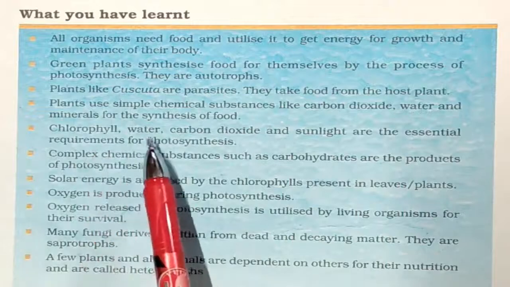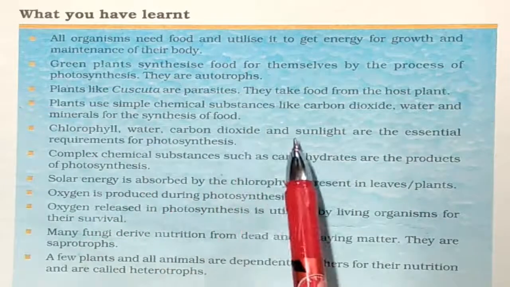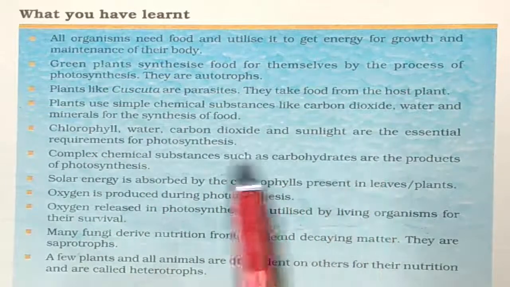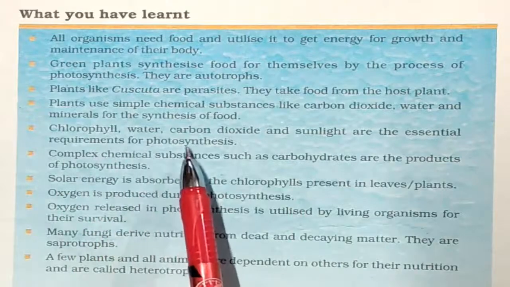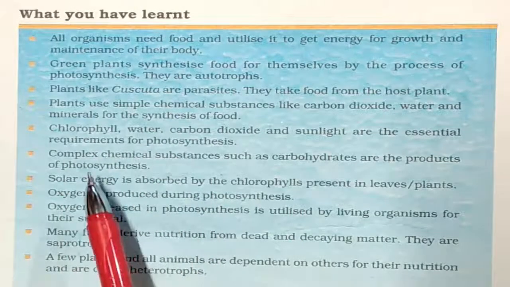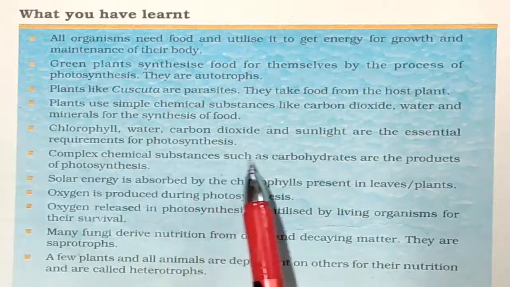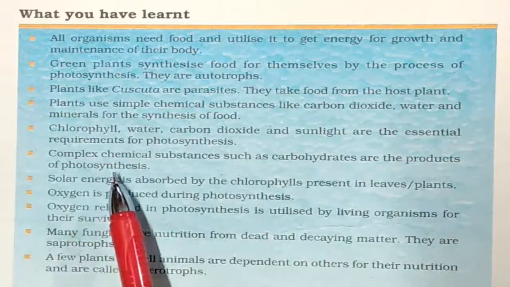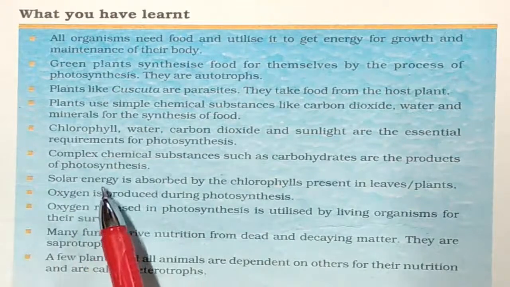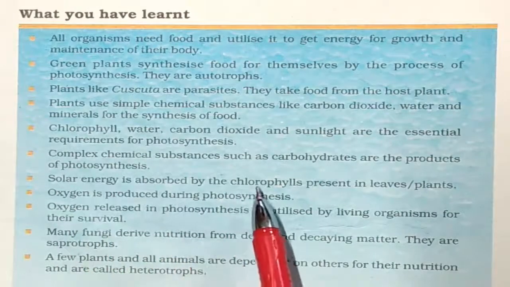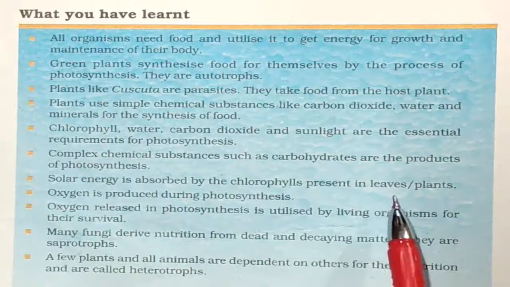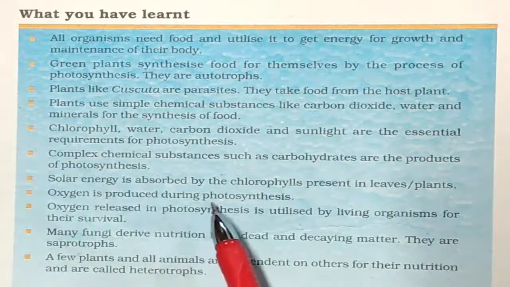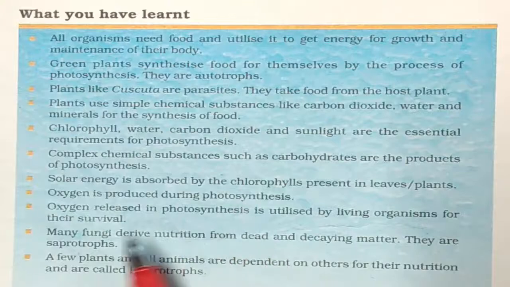Chlorophyll, water, carbon dioxide and sunlight are the essential requirements for photosynthesis. Complex chemical substances such as carbohydrates are the products of photosynthesis. Solar energy is absorbed by the chlorophyll present in leaves of plants. Oxygen is produced during photosynthesis.